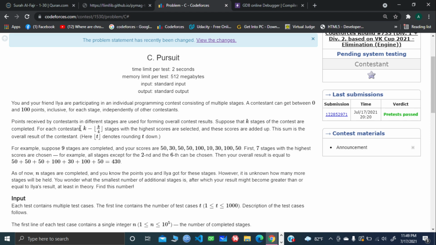The way we're going to measure is that if K stages are completed, then you take K minus floor(K/4) stages with the highest scores that are selected.